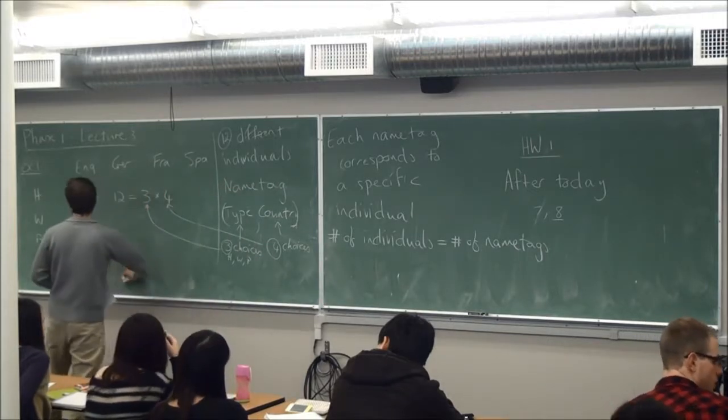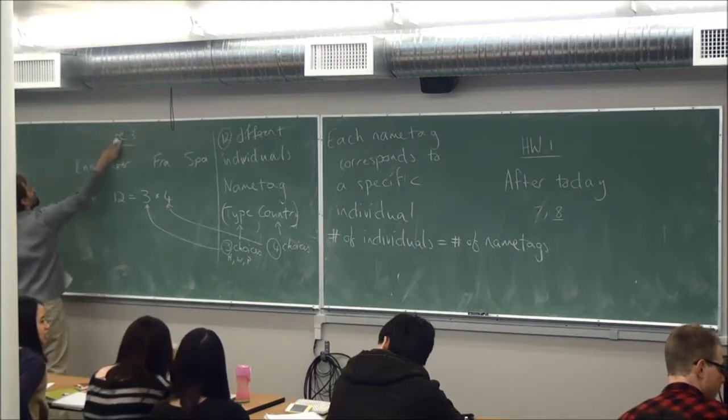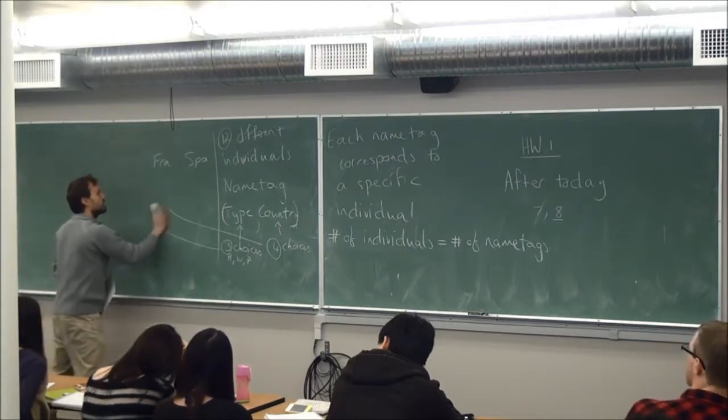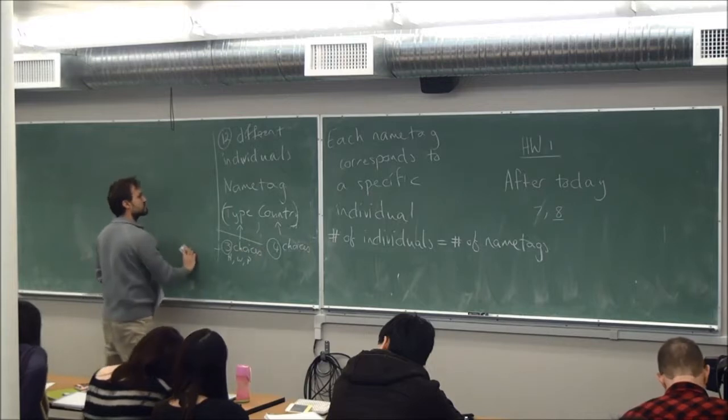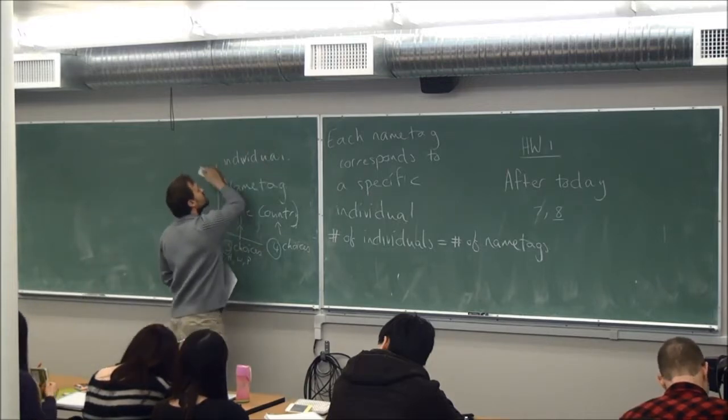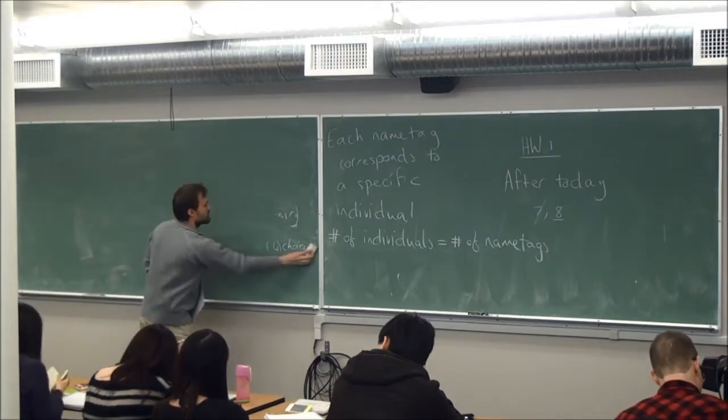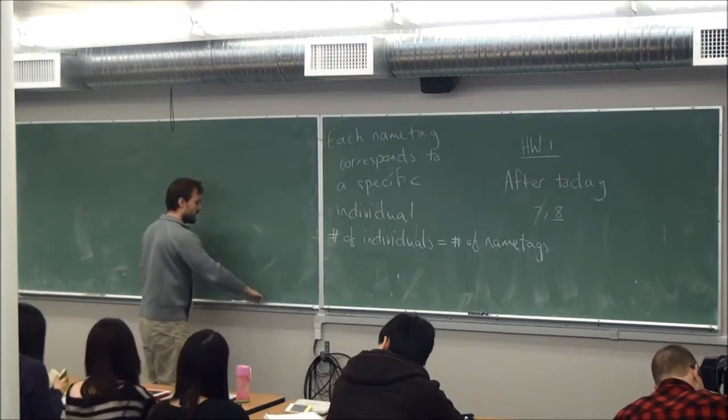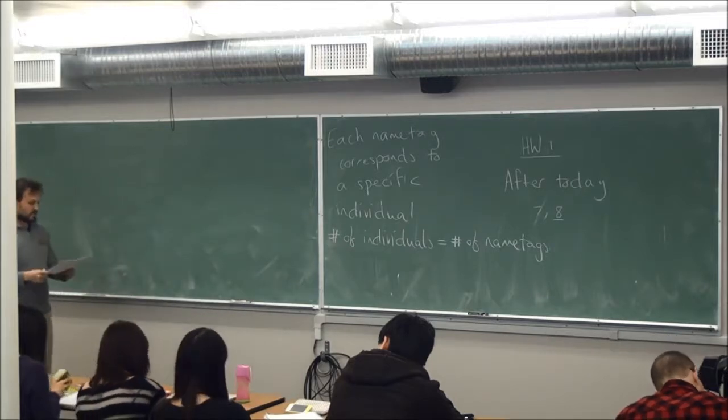So this leads me to the basic principle of counting. So I'm going to write this out so that we have it in our notes, but it does get a little wordy.